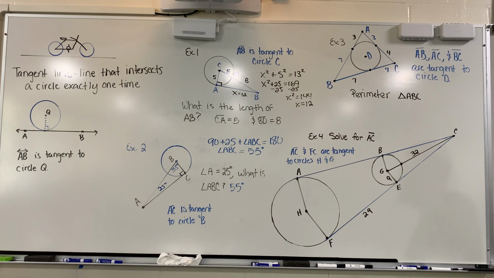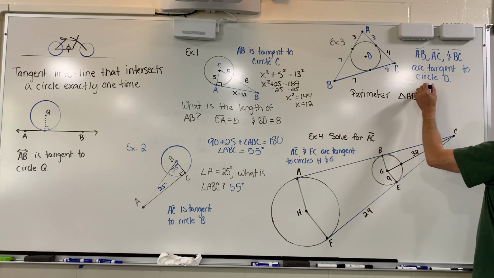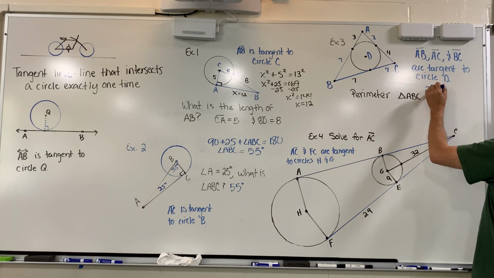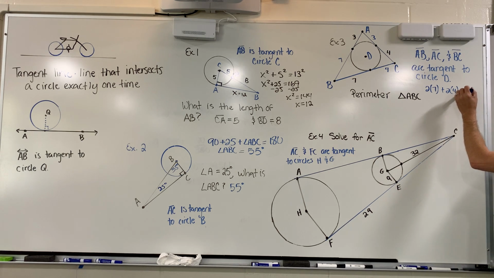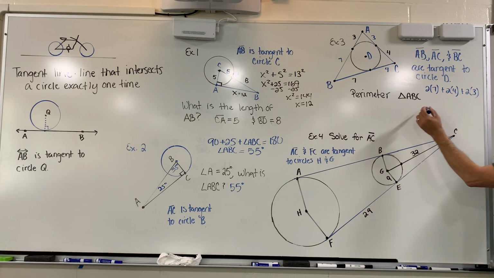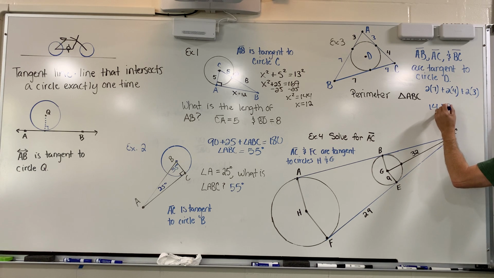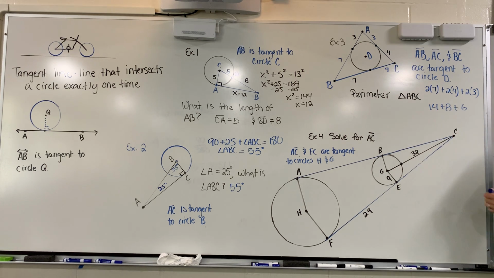So when I need to know the perimeter, I just need to total them all up. I've got 2 7s, 2 4s, and 2 3s. So that's 14 plus 8 plus 6, add them all together and I get 28. The perimeter is 28.